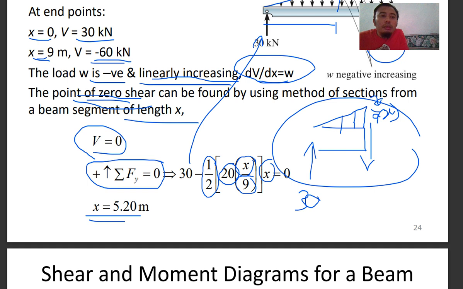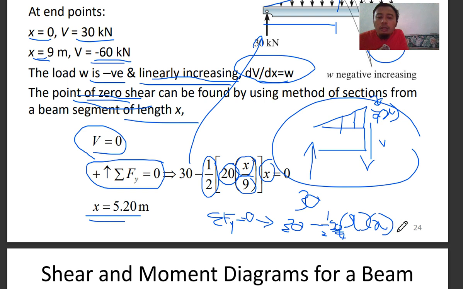Then if you sum the equation here, with V here, it will be summation of y equal to 0, and you can have your 30 positive minus this triangular load, 1 over 2 times 20 over 9 x times x, and then your V is negative, V equal to 0. So your V is equal to all of this.